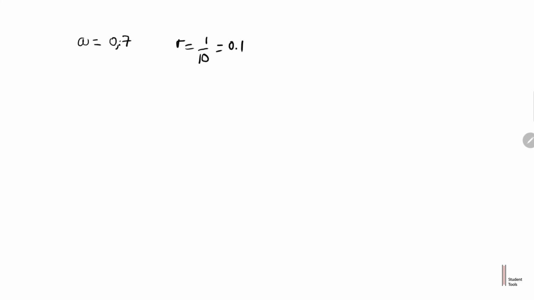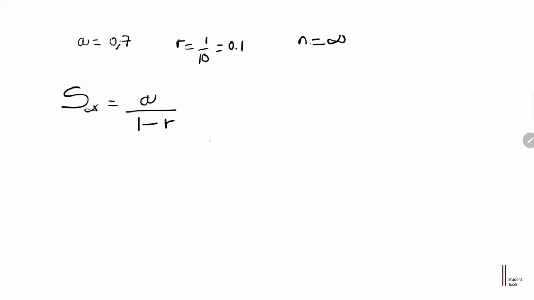And what are we actually looking for? We want to determine the sum to infinity. So that means n is equal to infinity. So we have a formula to determine the sum to infinity. That is this formula, the sum to infinity equal to a over 1 minus r.